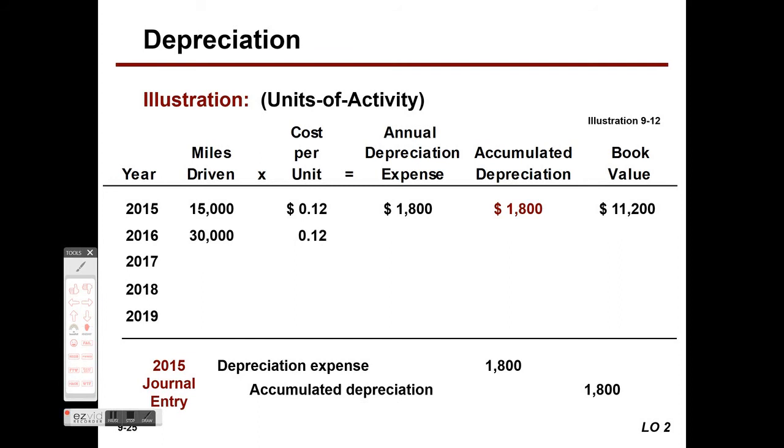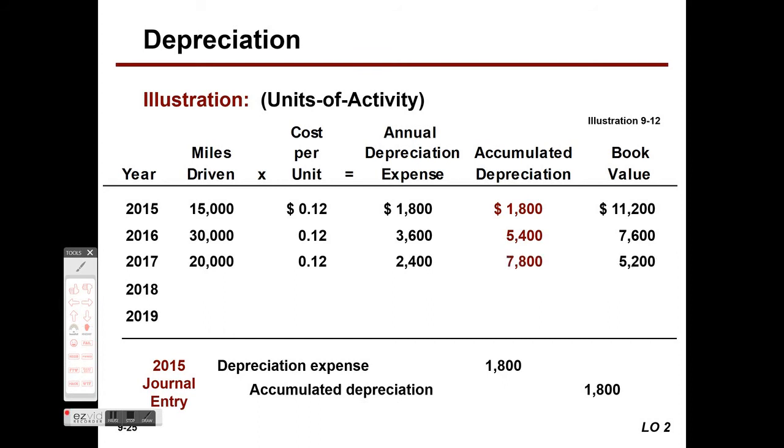In year 2, 30,000 miles driven. Cost per unit still 12 cents per mile, giving us $3,600. And accumulated depreciation of $5,400, which we would subtract from the $13,000 to get a book value of $7,600.